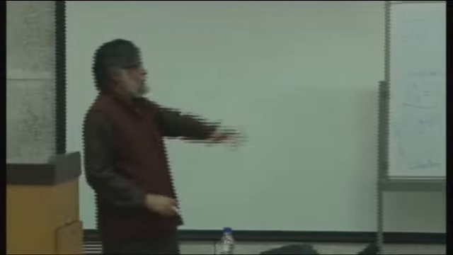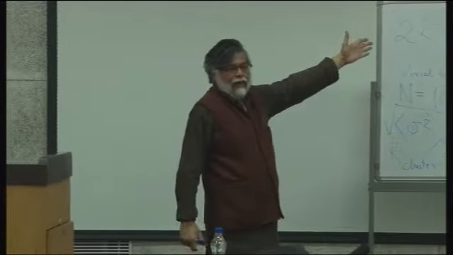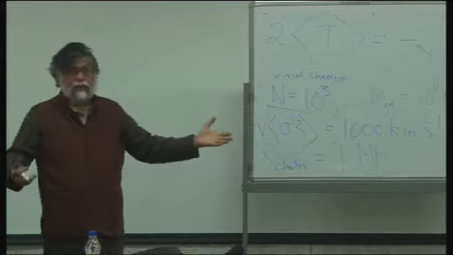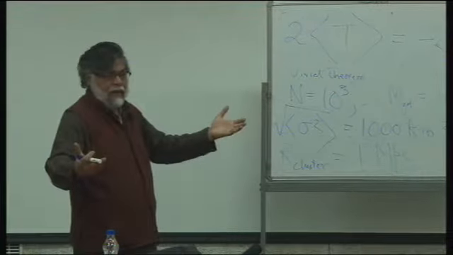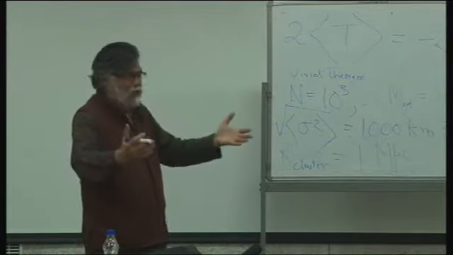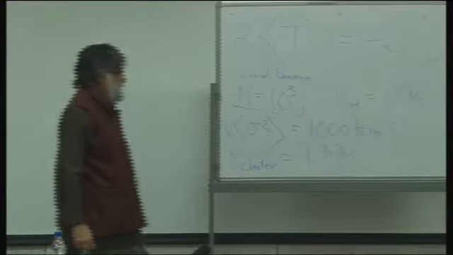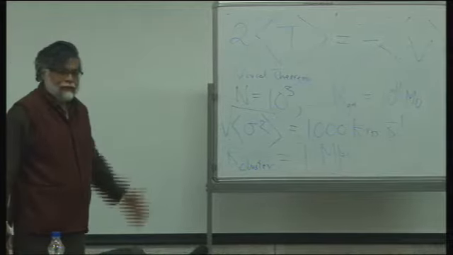Now apply the virial theorem to this and check whether a typical cluster, if it is relaxed, if it is bound, must satisfy the virial theorem, and check the numbers.